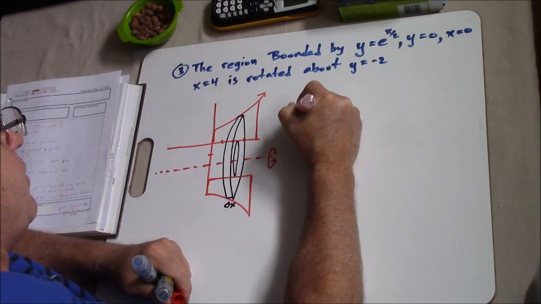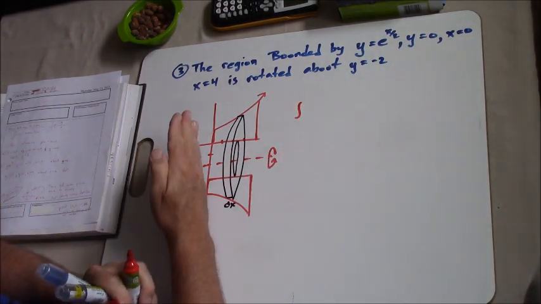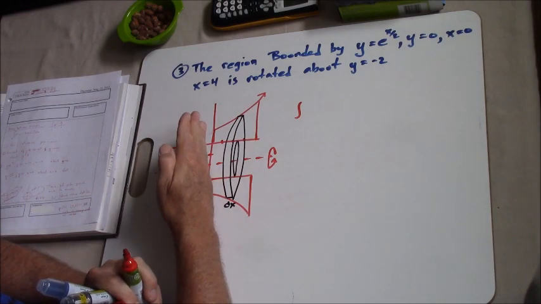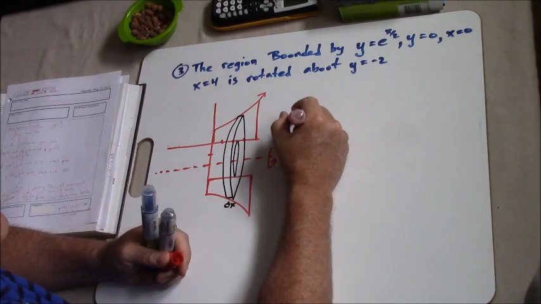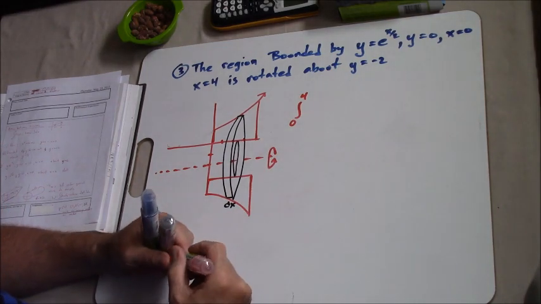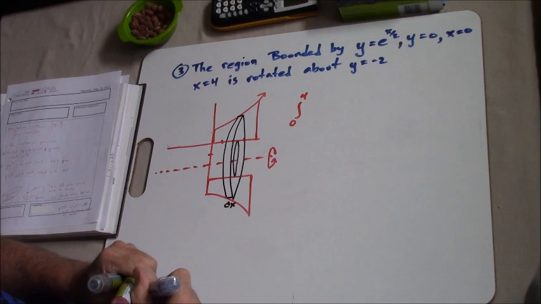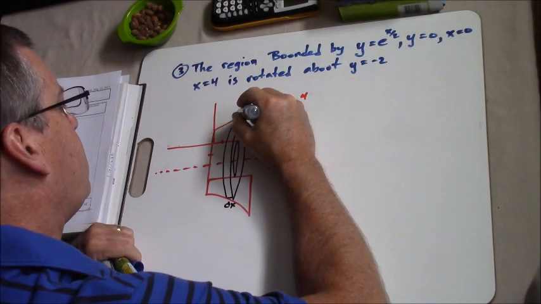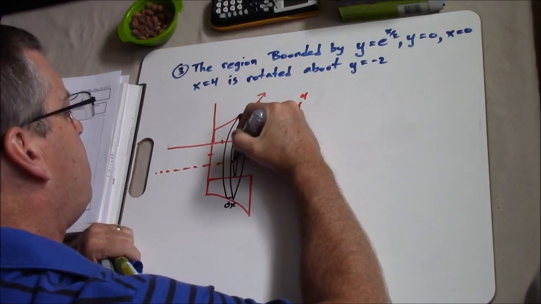So I'm going to have an integral. As I stack these washers side by side, they're going to go from 0 up to 4. My big radius is going to be from here down to here.